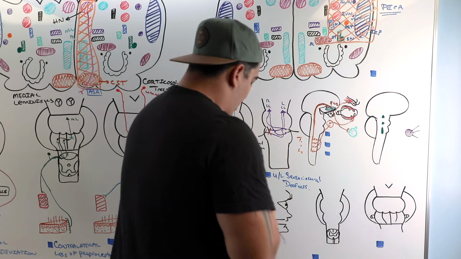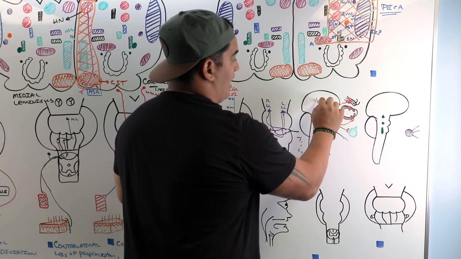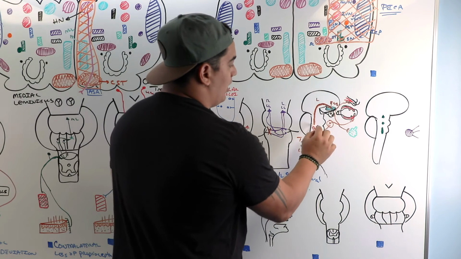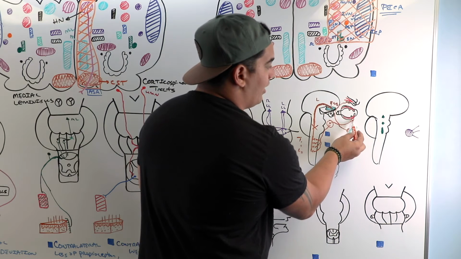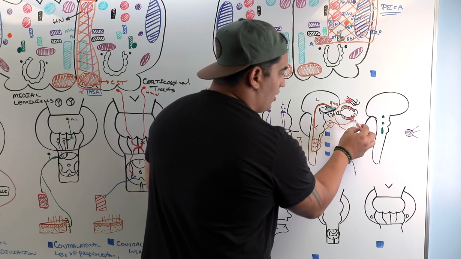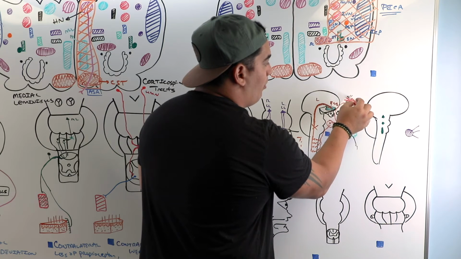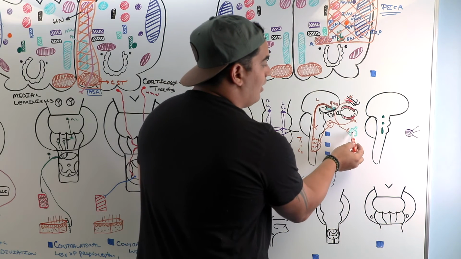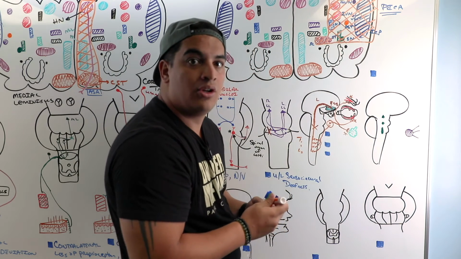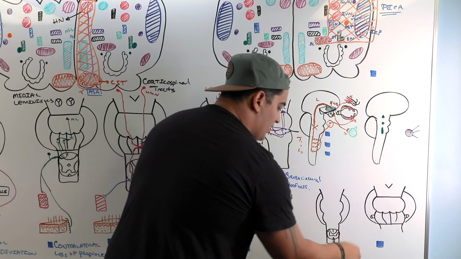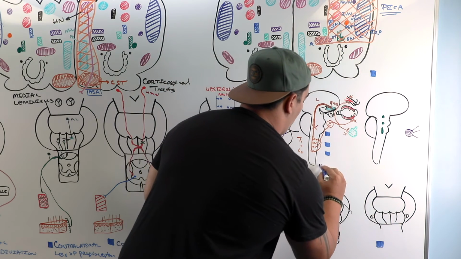Now, if you damage this tract, let's say that this is on the left side. So let's say that this is that left descending tract. If you damage the left descending tract, the left pupil is not going to be able to dilate. The left upper eyelid won't be able to elevate. And the left side of the face won't be able to produce sweat. So what will this present as? You know what this is called? This is called Horner syndrome.